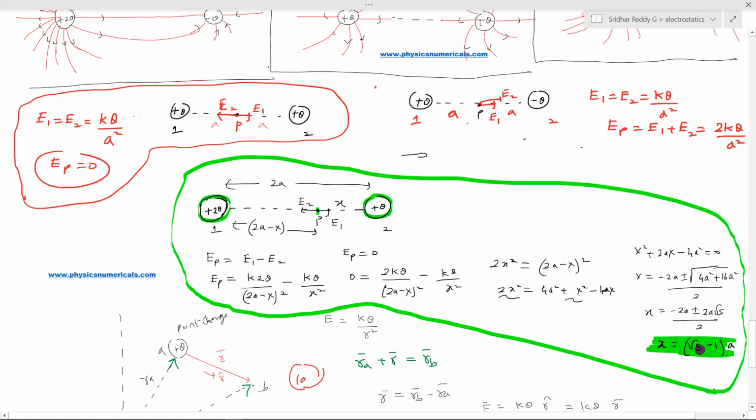The position I get is between the point charges at a distance of √5 minus 1 times a, meaning from this point charge at a distance of √5 minus 1 times a, the field strength will be 0, not at the midpoint. For 2 identical point charges, exactly at the midpoint, the field strength will be 0. If 2q and plus q, the field strength will not be 0 at the midpoint.